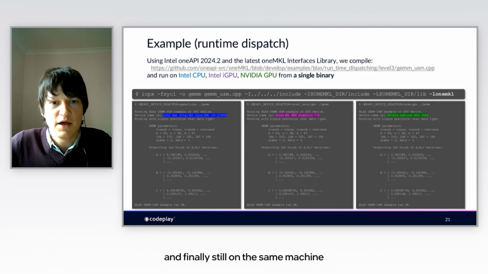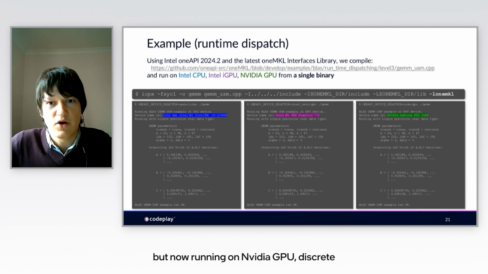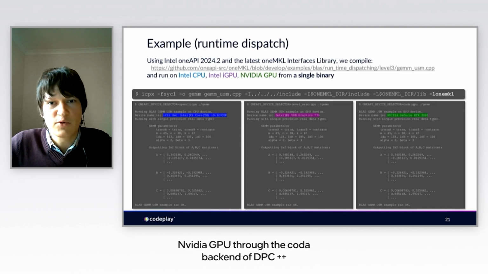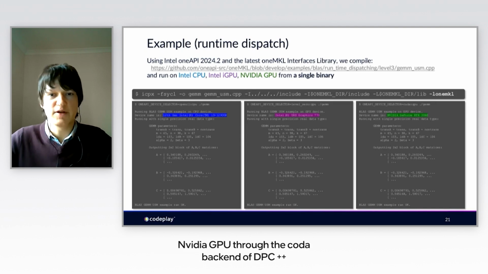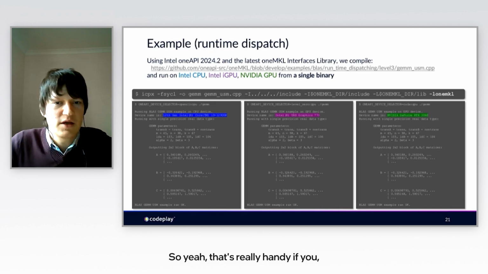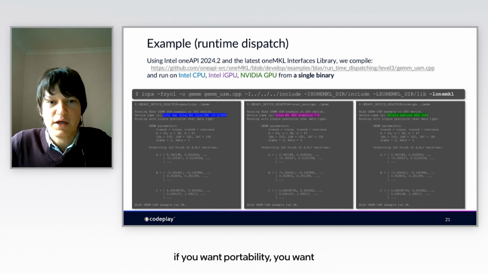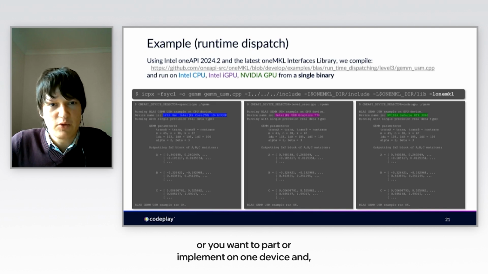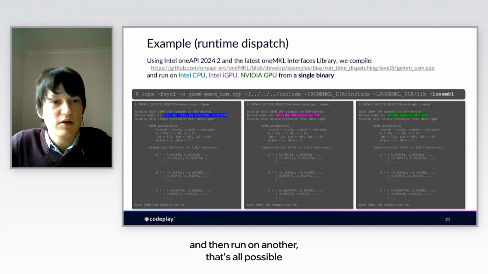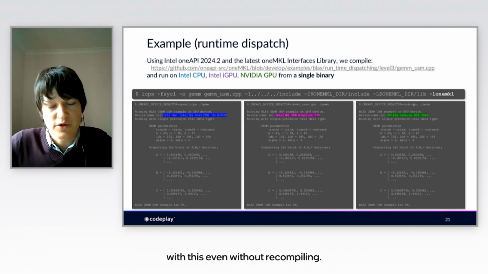And finally, still on the same machine, but now running on a discrete Nvidia GPU through the CUDA backend of DPC++. So yeah, that's really handy if you want portability, if you want to test your code on different devices, or you want to port or implement on one device and then run on another. That's all possible with this, even without recompiling.